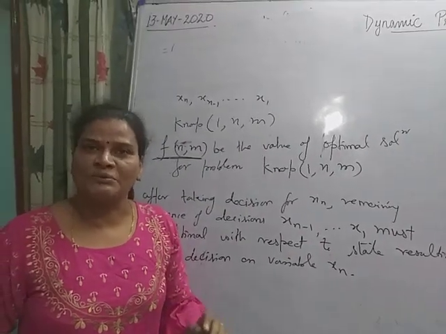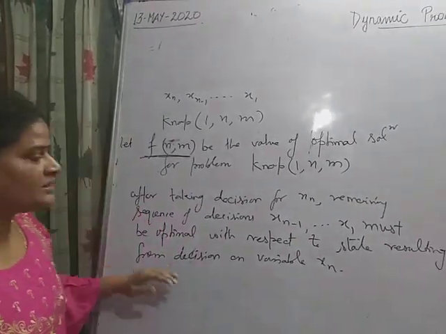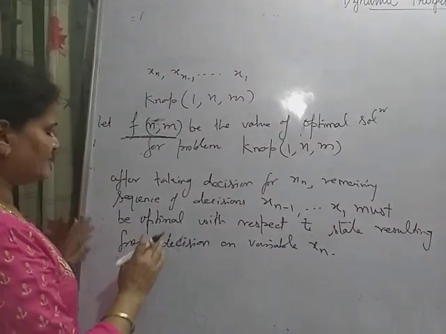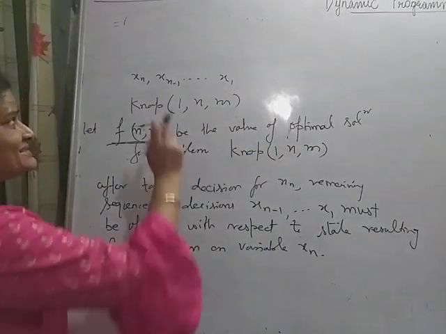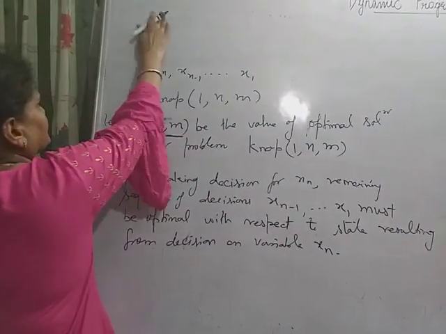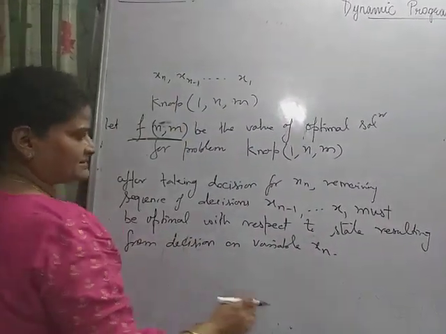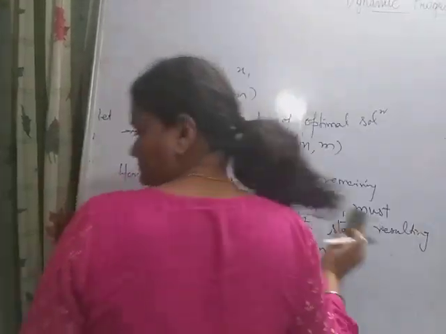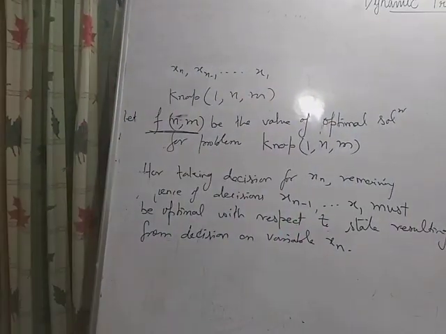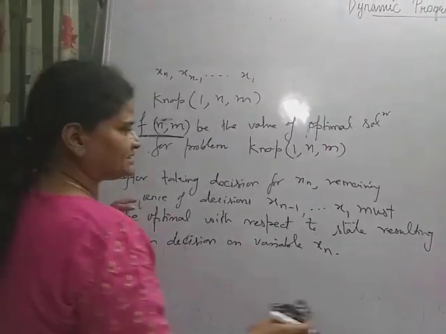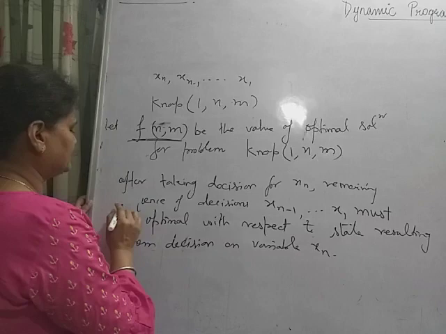Now there are two choices for xn. So what is the state resulting after taking the decision for this?